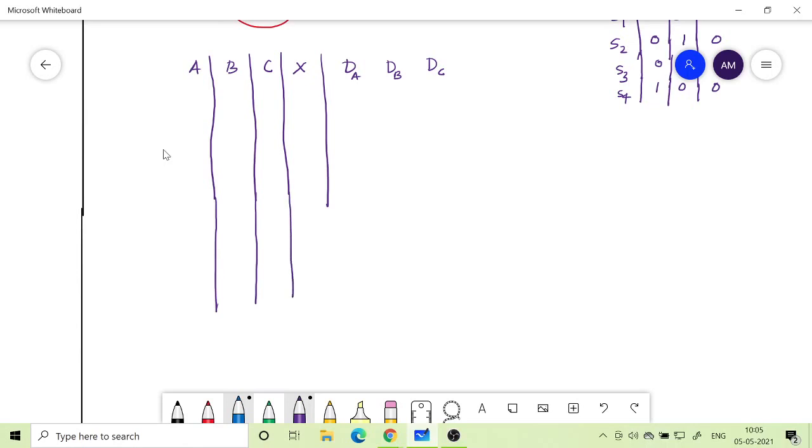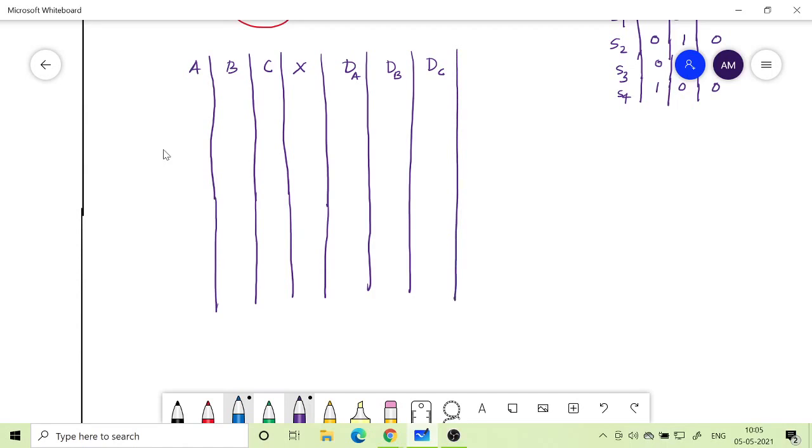Since there are 4 input variables here, which will decide my DA, DB, DC, I have a lot more combinations.